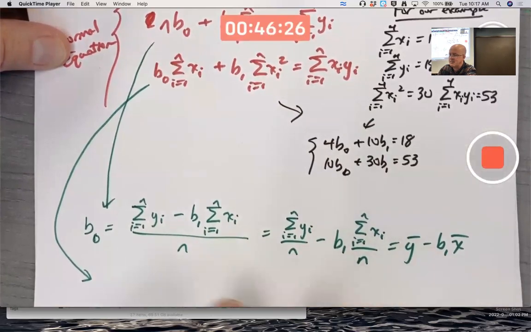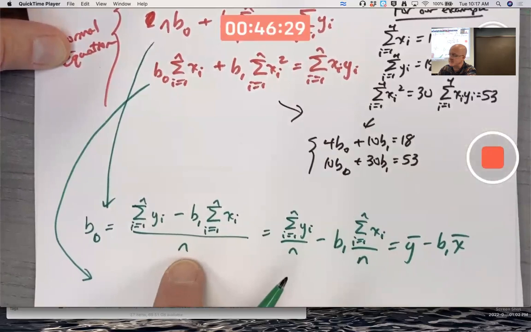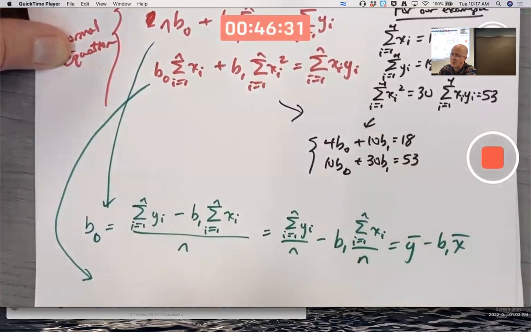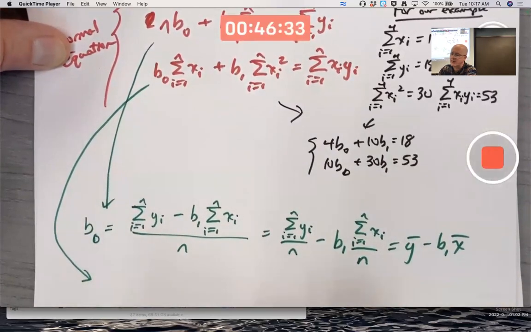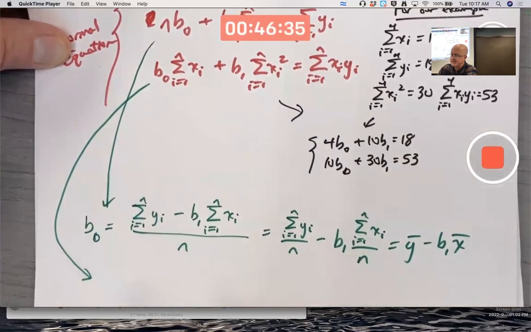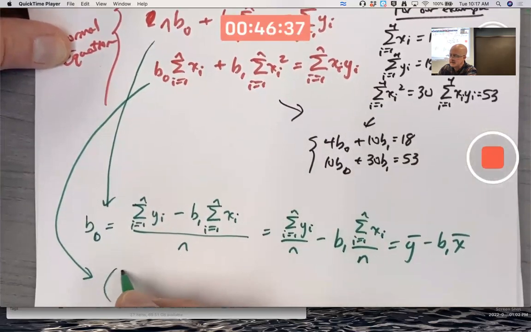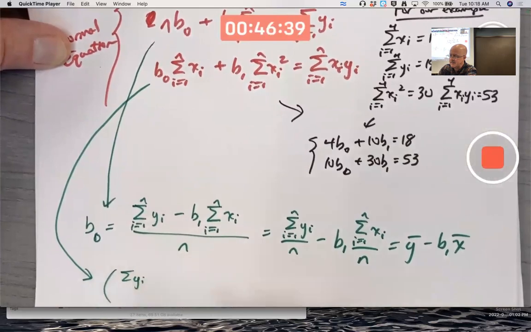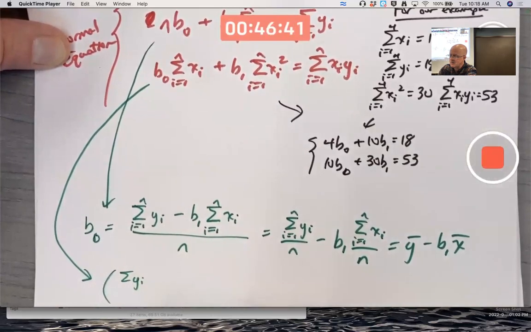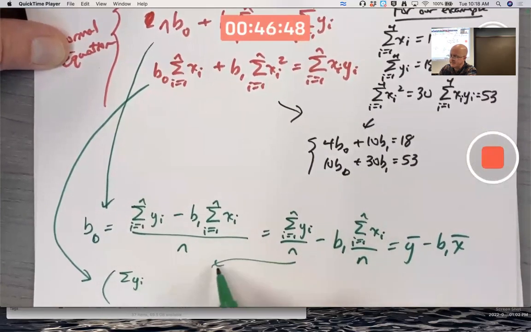Let me put this form, even though it's more complicated than that. I'm going to want to not have means in my final formula for B1. Well, no, maybe I'll put the second form in place of B0.